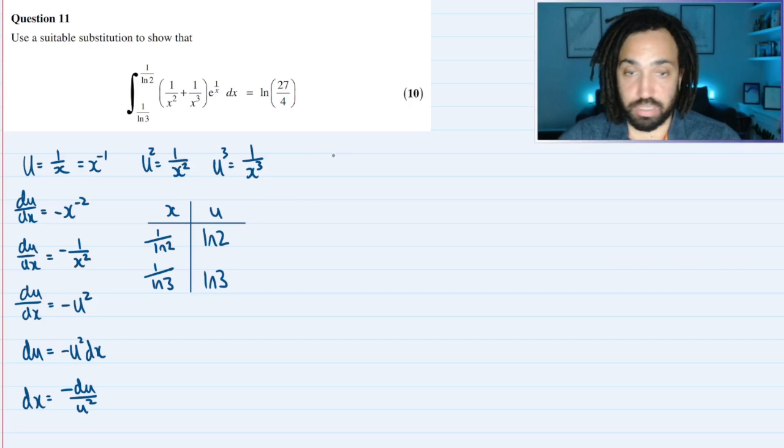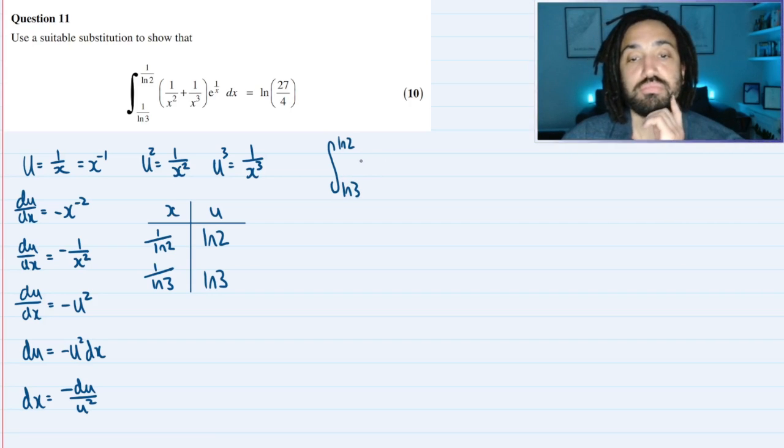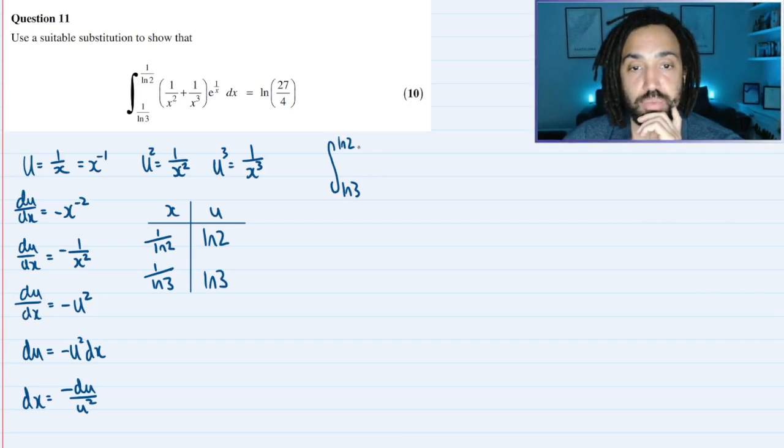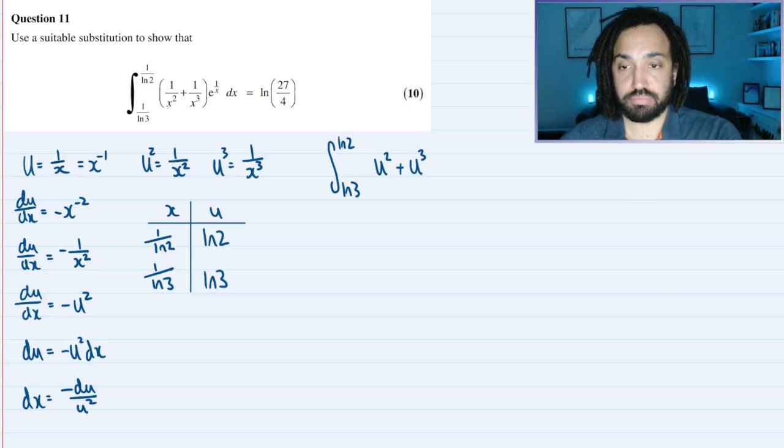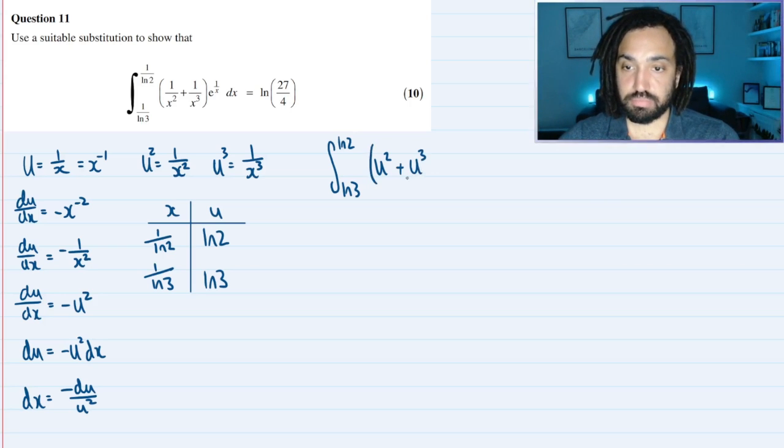So let's go. Let's rewrite this integral. Our new limits are ln 2 and ln 3. And we have u squared, which is 1 over x squared, plus u cubed, and we are multiplying by e to the u.